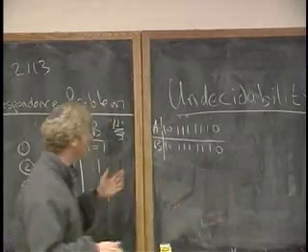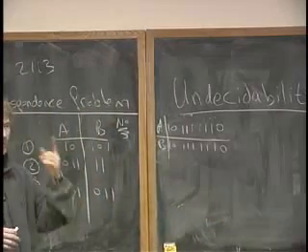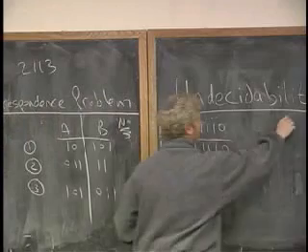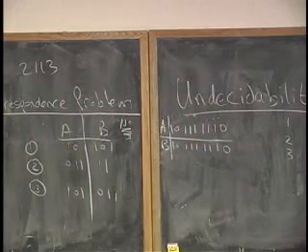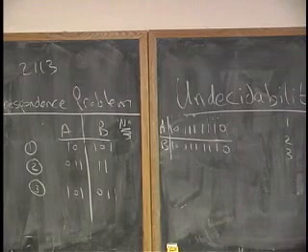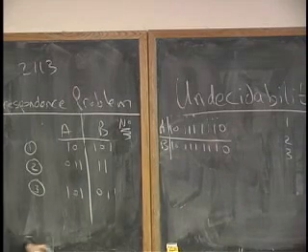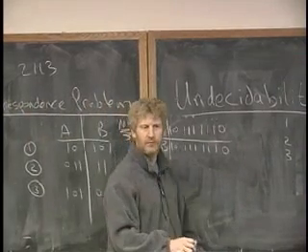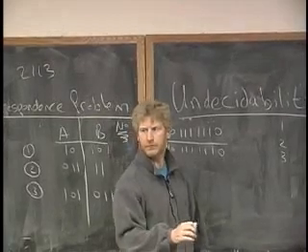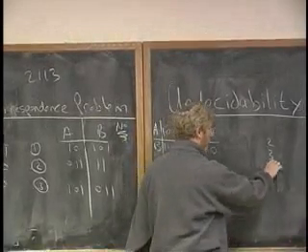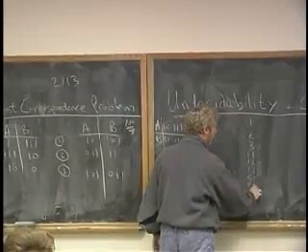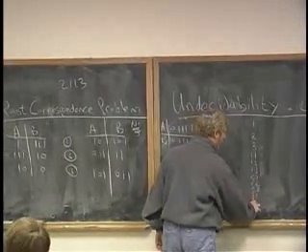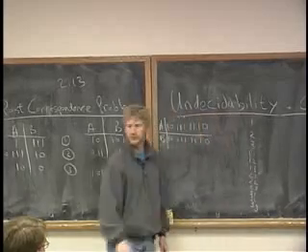Let's try all the sequences that have length 1. Here they are. Okay? Just 1. That doesn't work, that doesn't work, that doesn't work. Okay, let's go on to the sequences of length 2. How many are there? There's 1, 1, 1, 2, 1, 3, 2, 1, 2, 2, 2, 3, 3, 1, 3, 2, 3, 3, right?